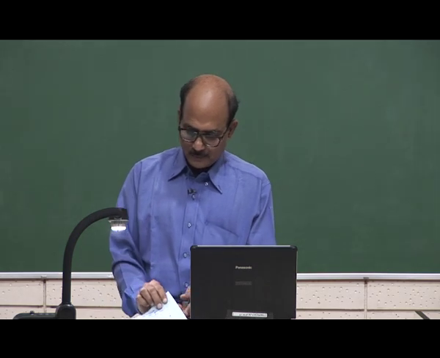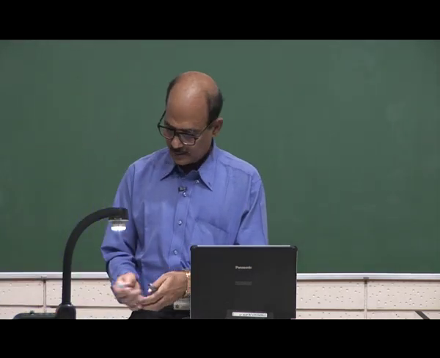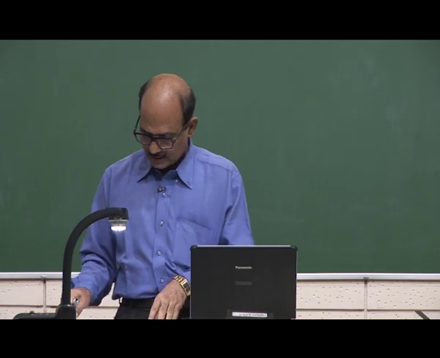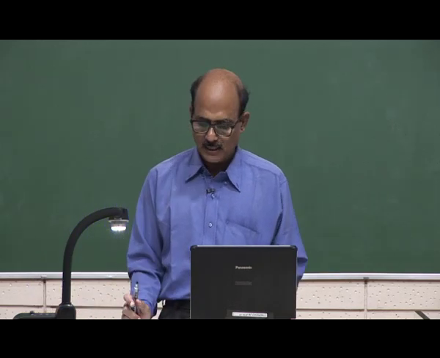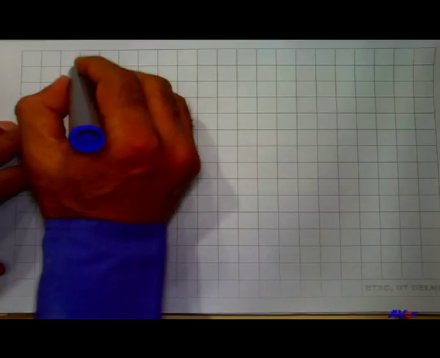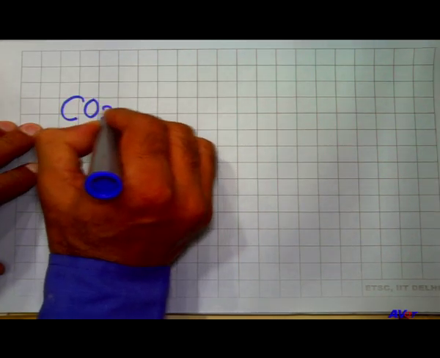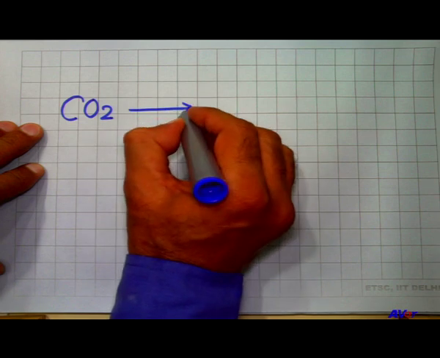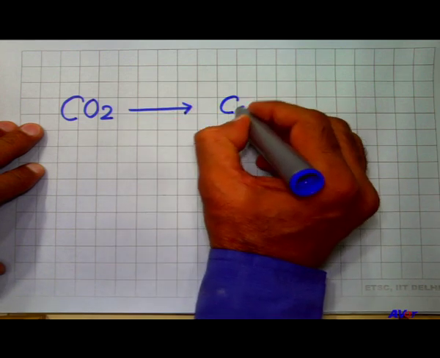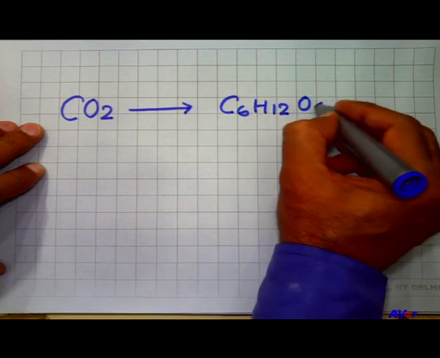Now, come to the reaction. All these things are related with the light reaction. After the light reaction, the carbon dioxide is converted into carbohydrate by the process that is called reduction.